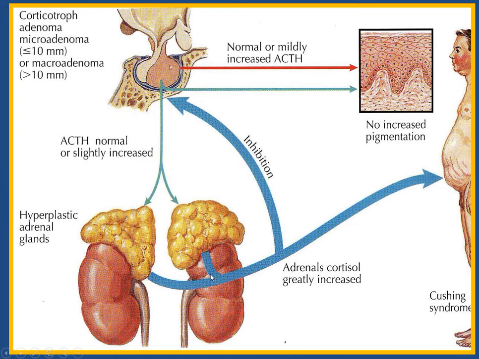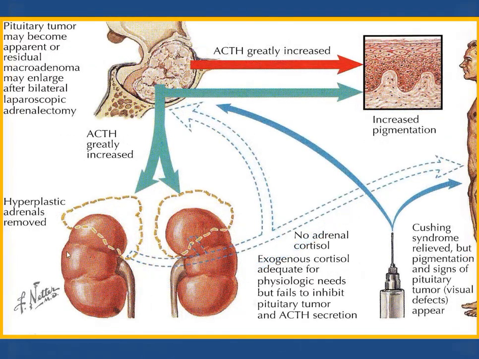After bilateral adrenalectomy, the inhibiting action of cortisol, of course, decreases, because the patient takes only low doses of glucocorticoids, enough for compensation of glucocorticoid deficiency, but these doses are not enough to suppress the activity of the pituitary adenoma.